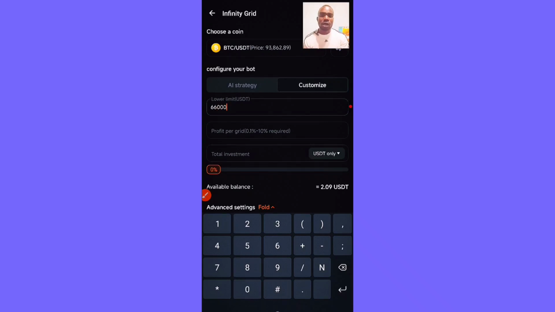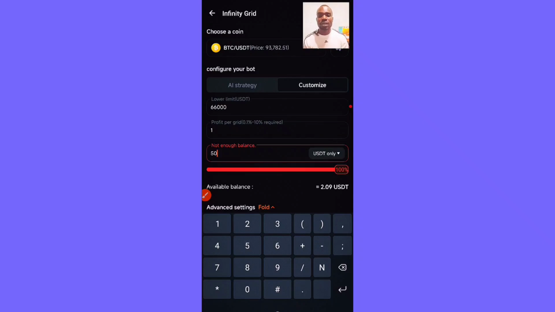Okay, so how much money do you want to make per grid? We have here 0.1% up to 10%. We want to make our grid bot to be making profit of 1% per grid. Then the total investment now will be $50. So that's why I said that you need to deposit at least $50 in order to operate an Infinity Grid Bot here on Pionex.